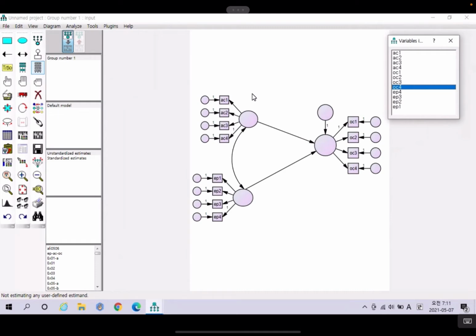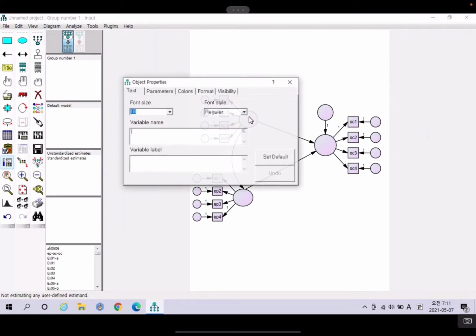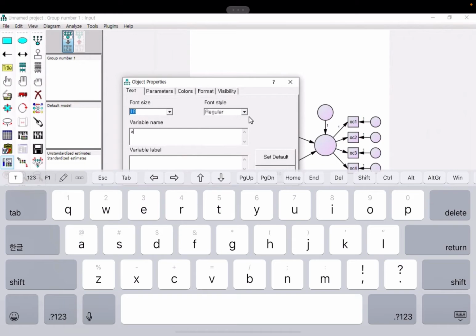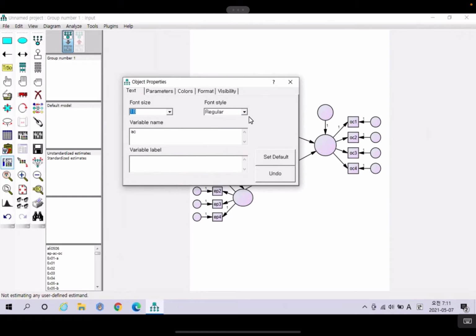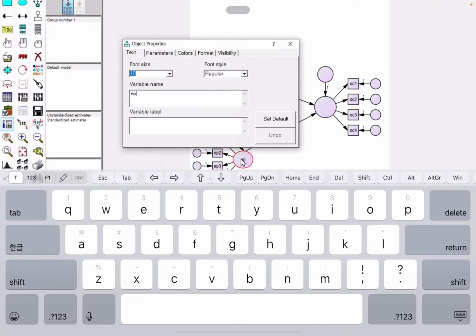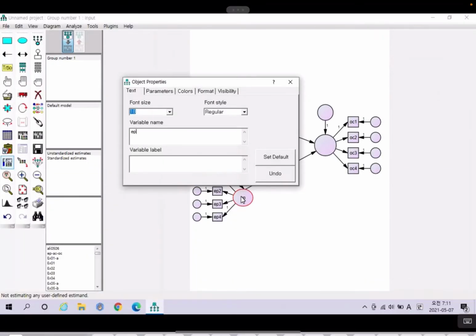And then you need to name the latent variables and errors, right? So let's close this, and I'm going to double click this one, and I'm going to name this one as AC, right? And I'm going to name this one as EP, right? And also I'm going to name this one as OC, right?